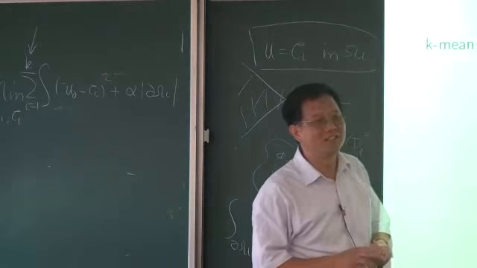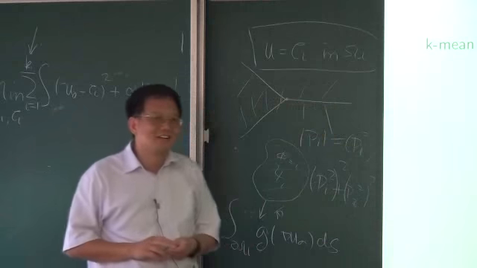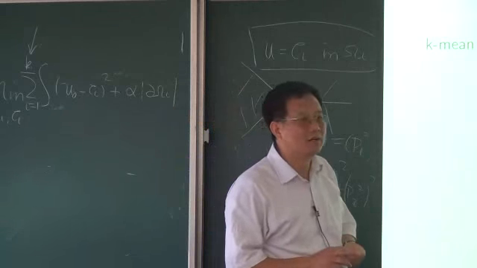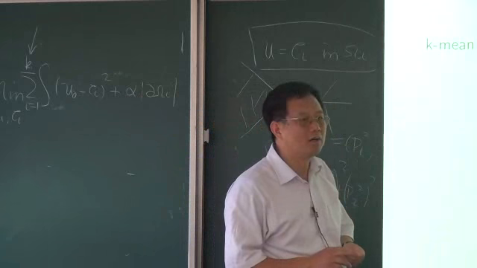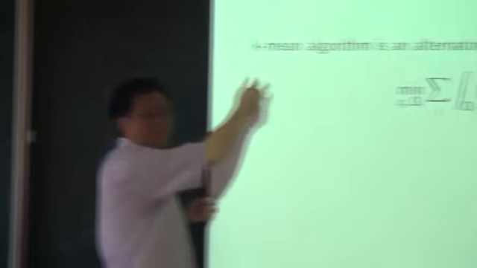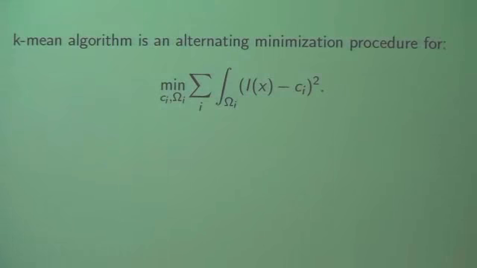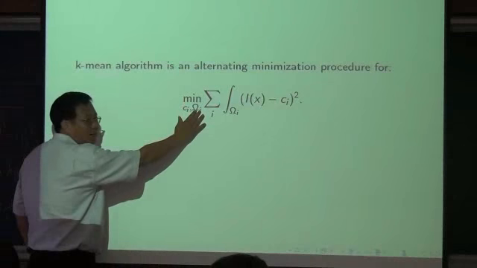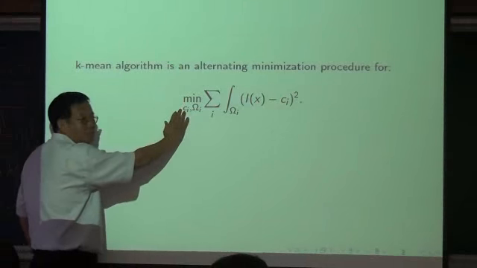So you have a proof on that? Proof what? That the K-means algorithm is equivalent to... No, that was just from what I said. If you alternate: if Ci is known, you do omega i; if omega i is known, you do Ci.